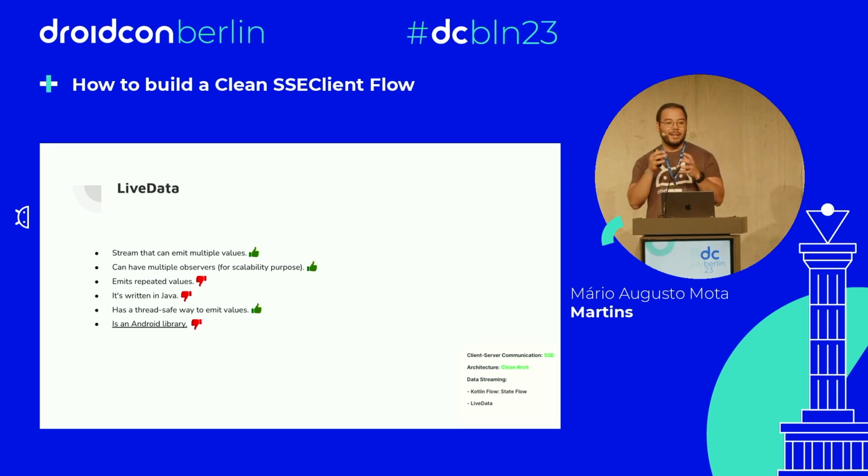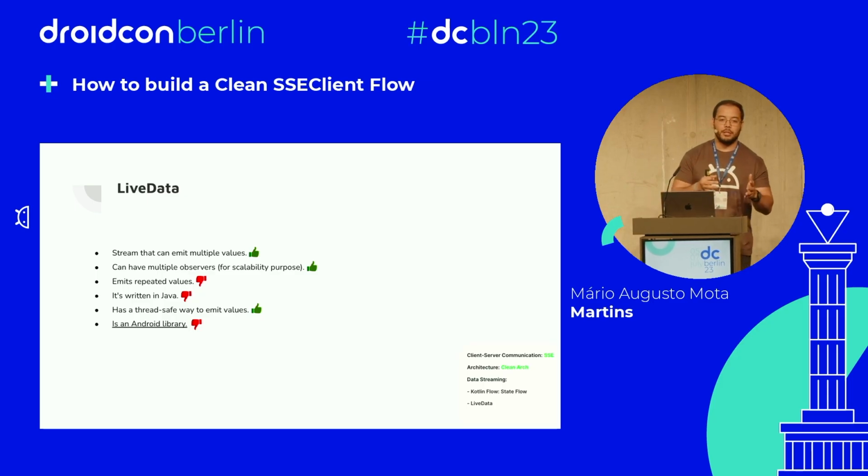But there are some minor problems here, and the main one is that it's not a Kotlin library. It's an Android library. What it means is that it is a lifecycle aware component. It's meant to work with the Android components.